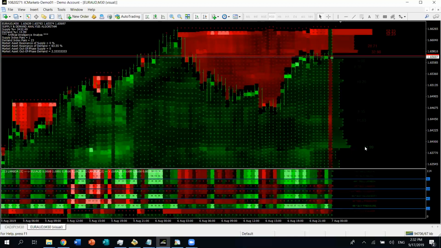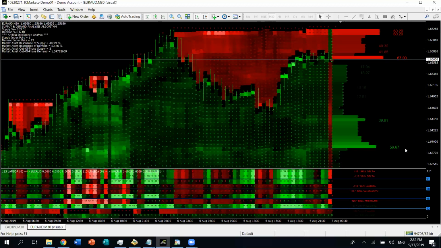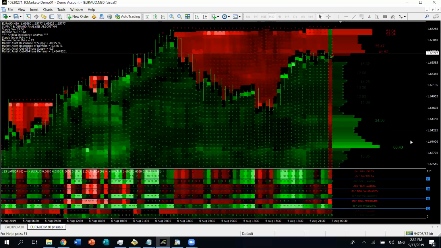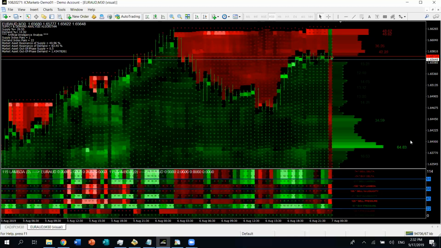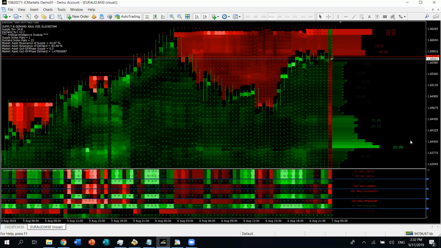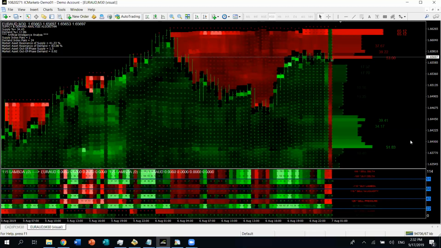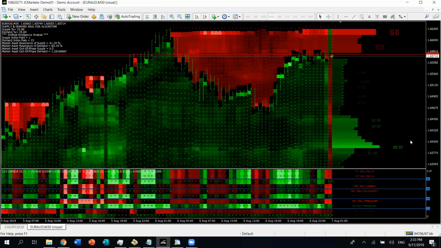I don't know what happened, but they're now bidding on these lower prices here for the euro. Look, more volume. So they're moving some money out of some asset, or other correlated assets, and they're moving it down here. I mean, they want to strongly buy those lower prices on the Euro Australian. They want to get positioned long on the Euro Australian. So if prices get to that level, that's significant.